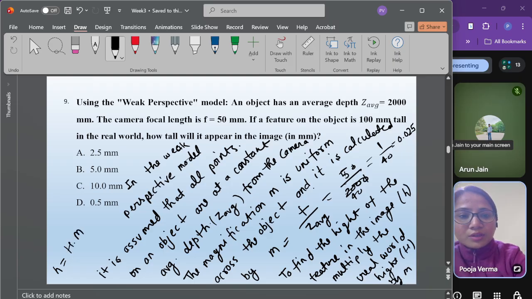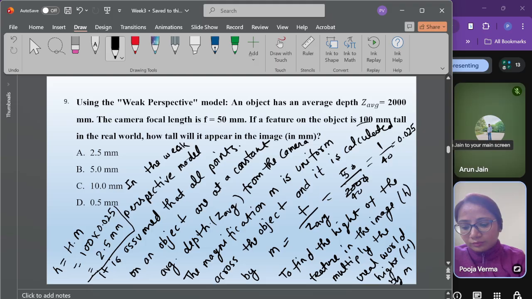The real world height of the object feature is 100 millimeter, and the magnification factor we have got is 0.025. If you multiply, you will get 2.5 millimeter. So the feature will appear 2.5 millimeter tall in the image.